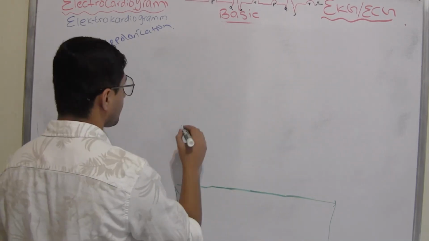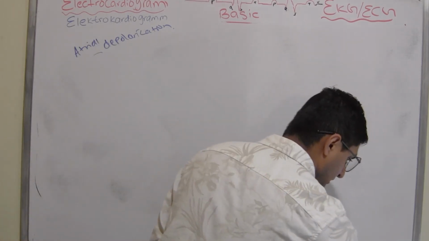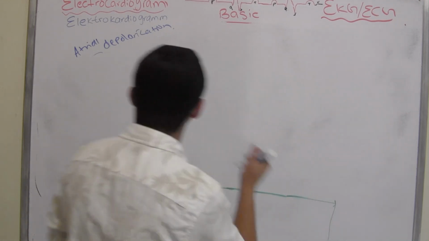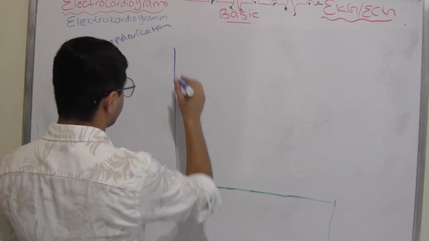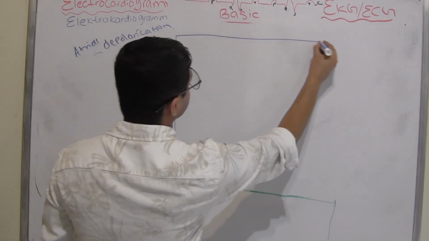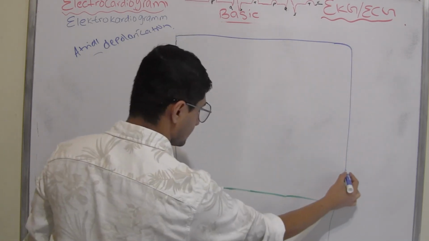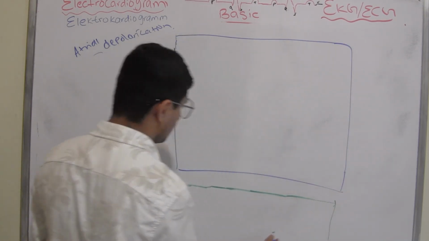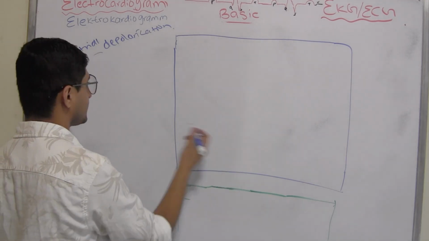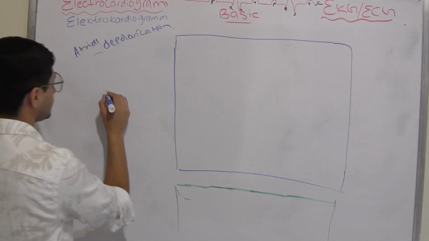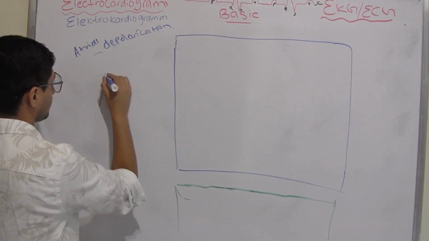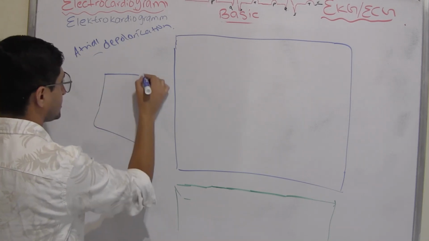My ECG paper is going to be, let's draw it in blue. If I draw this paper in blue, like this, and let's say I put a motor. And then obviously I'm going to have my ECG machine, which is going to be, let's say this is my ECG machine, right?